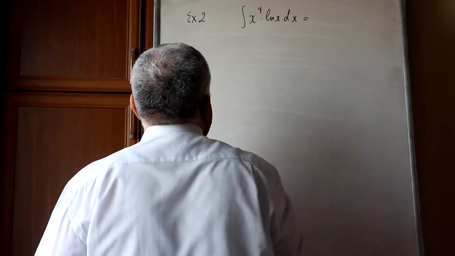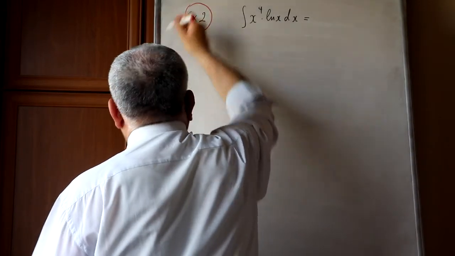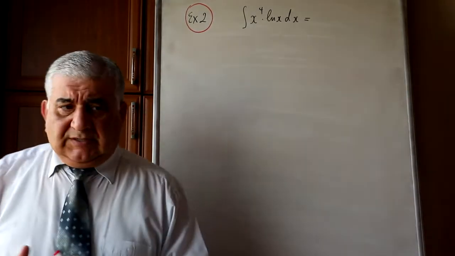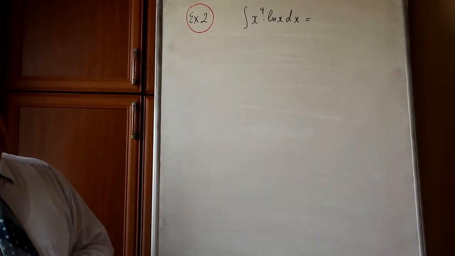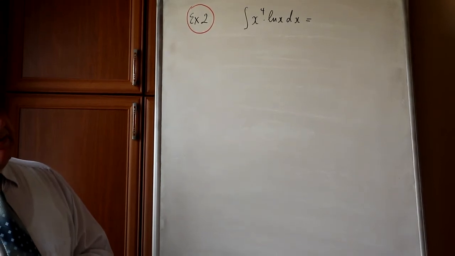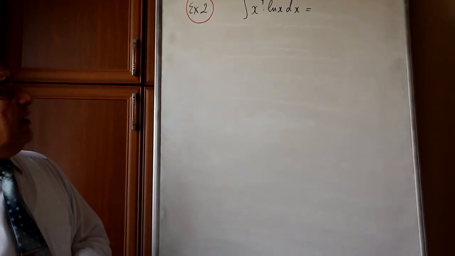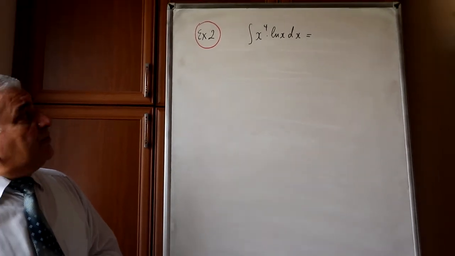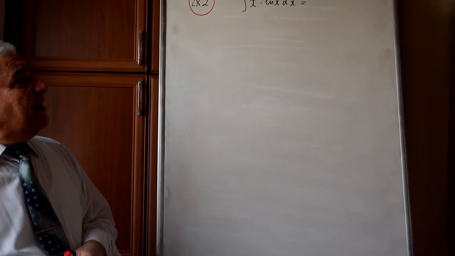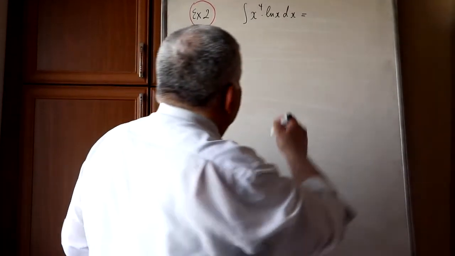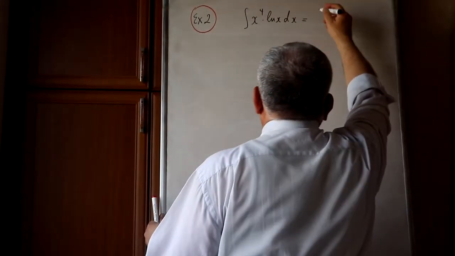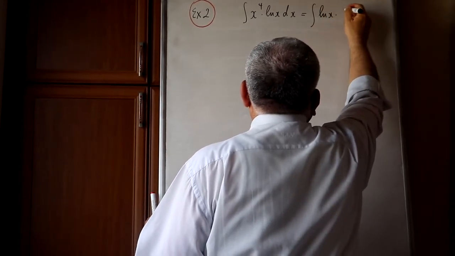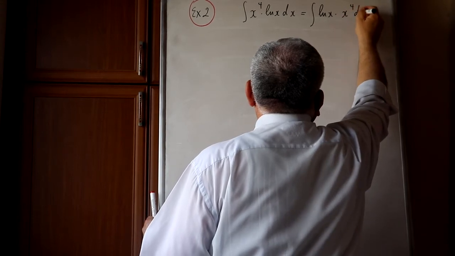Here our integral isn't ready for the direct application of the integration by parts rule, and for this introduce x to 4 into the differential sign. That is, rewrite the given integral in the following form: natural logarithm of x multiplied by x to 4 dx.